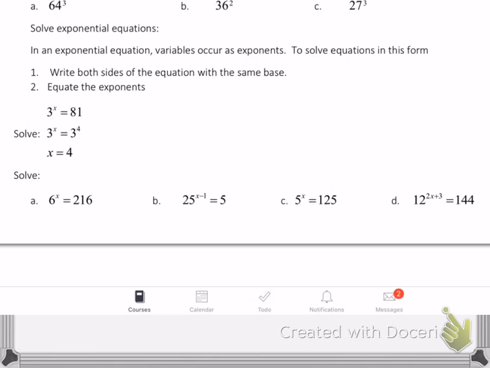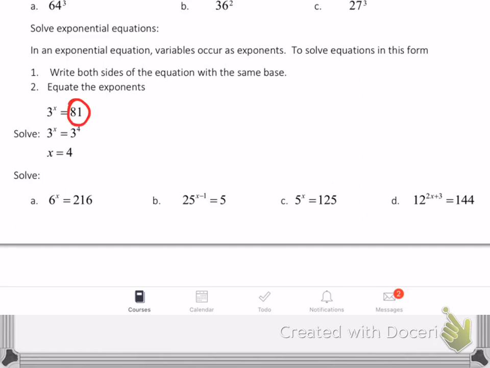Take a moment to read how to solve exponential equations when you have a variable in the exponent, and then we'll go over that. So the best thing to do is try to get both sides of the equal sign with the same base. So in the example that they give, 3 raised to the x power equals 81.